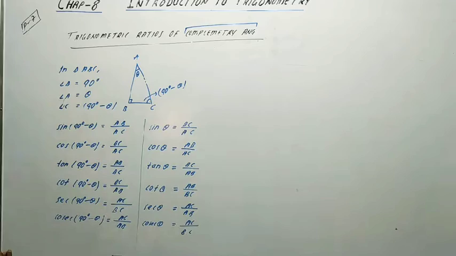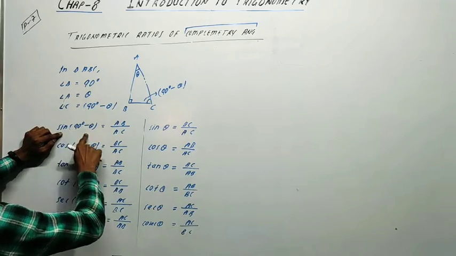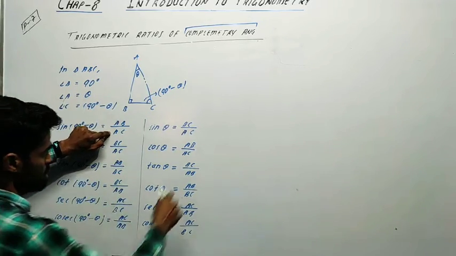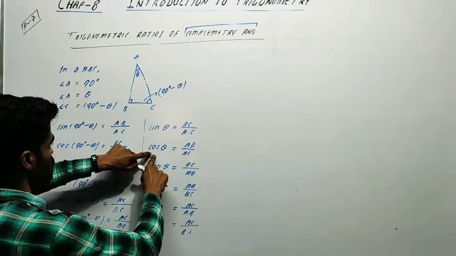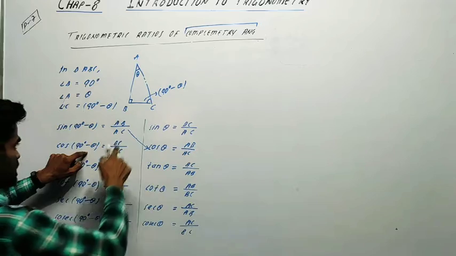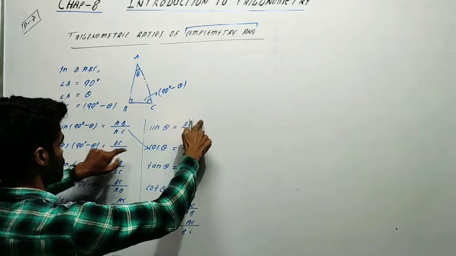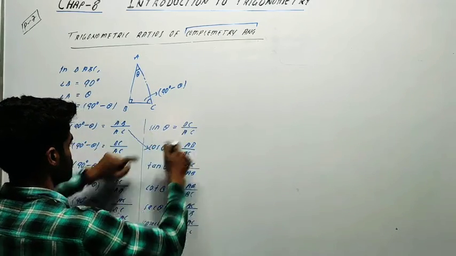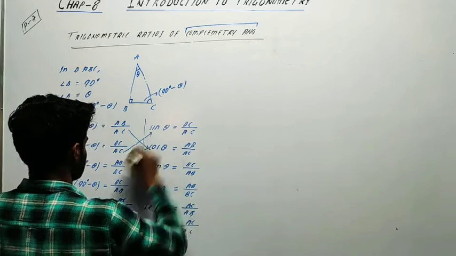Now relate these two sets of ratios. Sin 90 minus theta, that is AB upon AC, matches cos theta. Similarly, cos 90 minus theta, BC upon AC, is equal to sin theta, which is also BC upon AC.